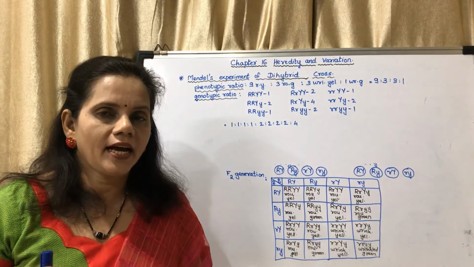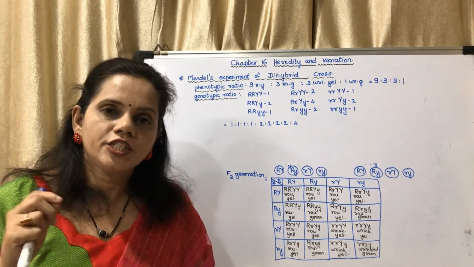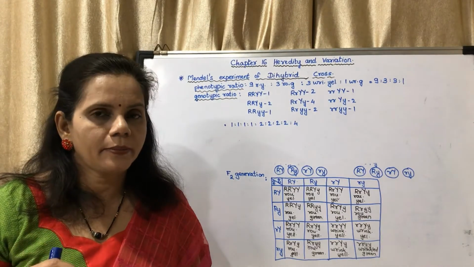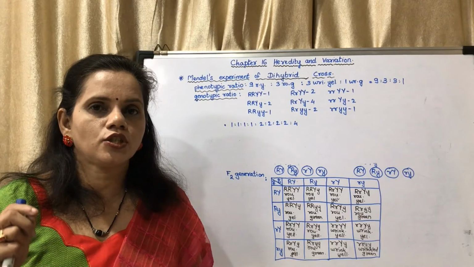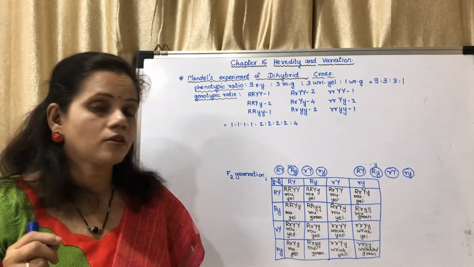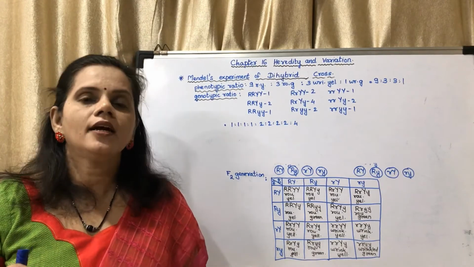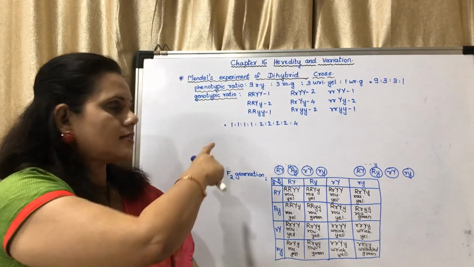Phenotypic ratio of dihybrid cross is 9:3:3:1. Genotypic ratio of monohybrid cross, sorry, it is 1:2:1, and genotypic ratio of dihybrid cross is this.